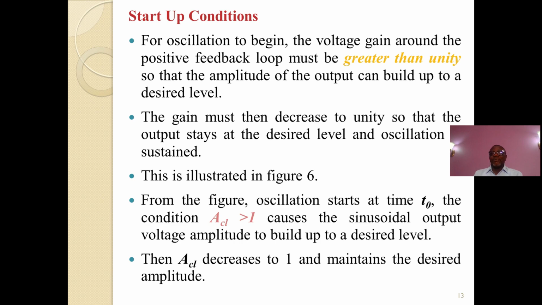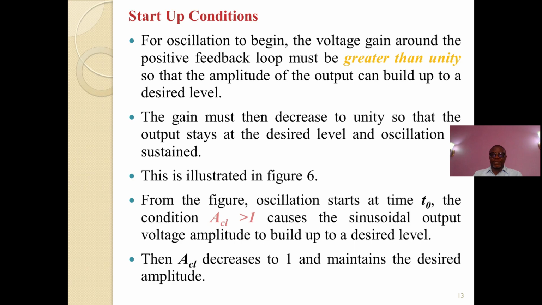You can see, we say for oscillation to be sustained, the voltage gain must be equal to 1, unity. But for it to begin, the voltage gain must be greater than unity, so that the amplitude of the output can build up to a desired level. The gain must then decrease to unity so that the output stays at a desired level and oscillation is sustained.